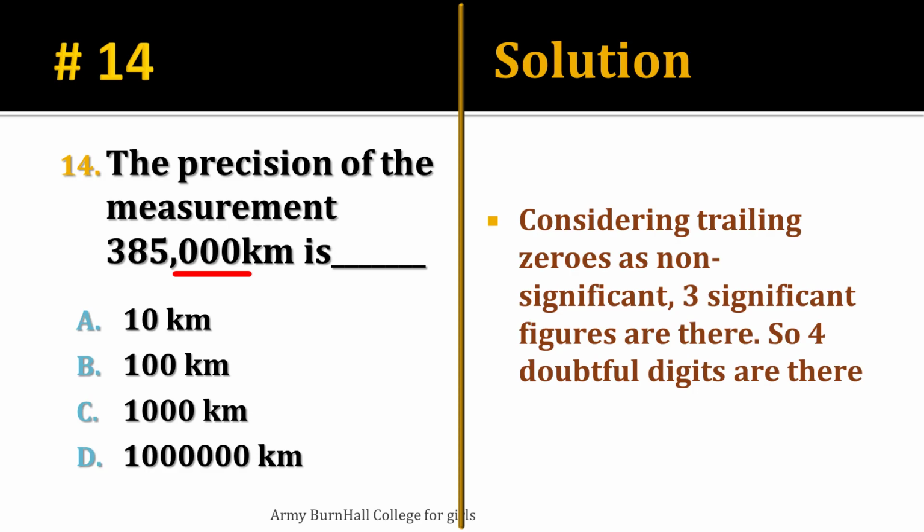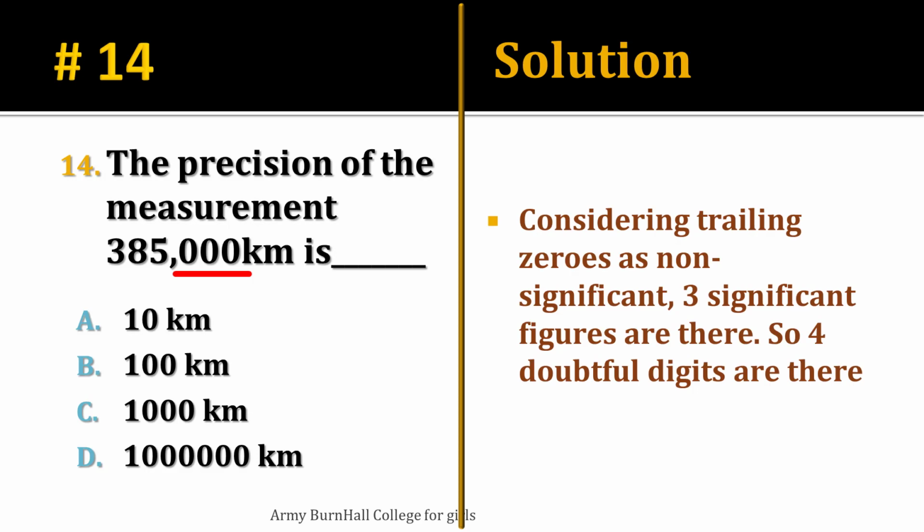So our precision, our least count must contain 4 digits, because over here we are having 4 doubtful digits, from which we are considering just 1.